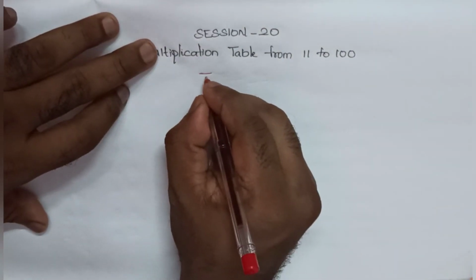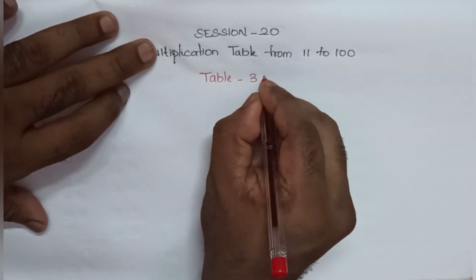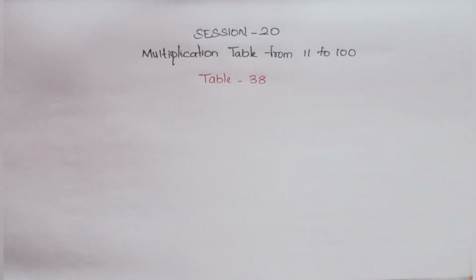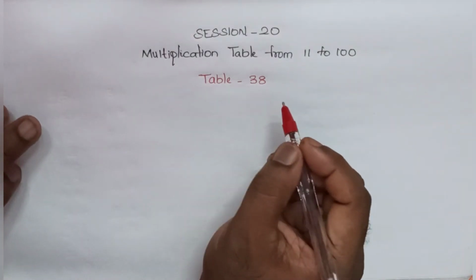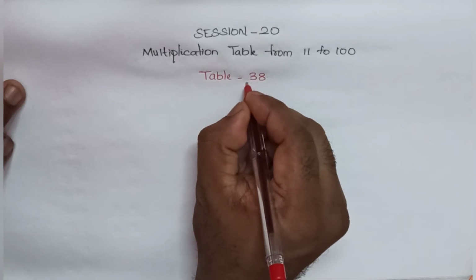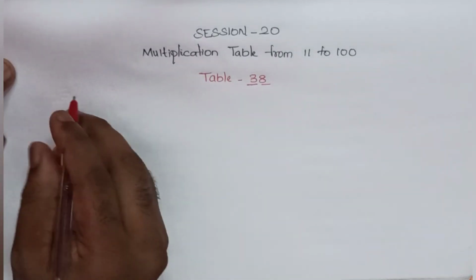Let me see the table of 38. I have taken a random number between 20 to 100, so it is 38 right now. For the 38 table you have to write the 3 table and the 8 table and join them.